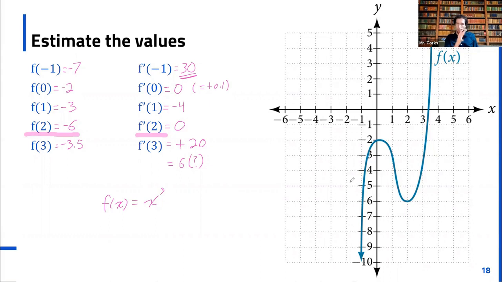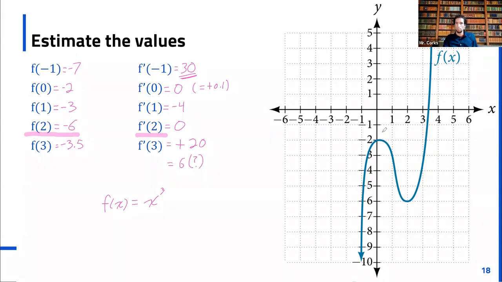I'll just ask these same questions in a slightly different way. For what region of the graph is the slope negative? From where to where on this graph is the slope negative?